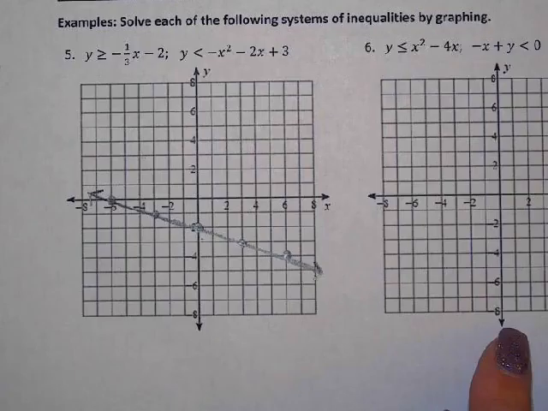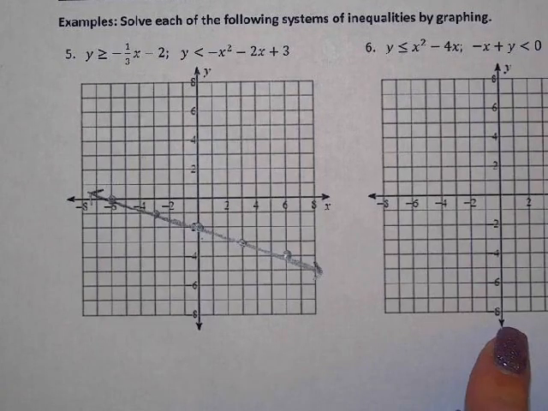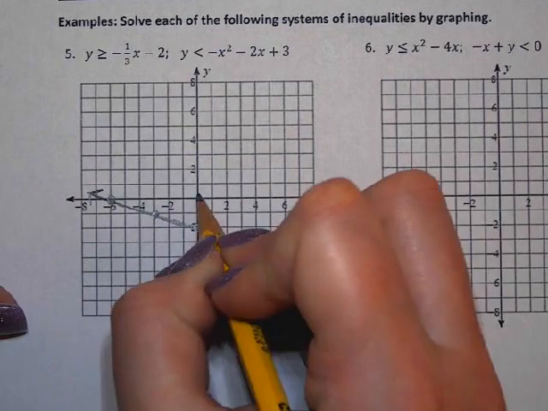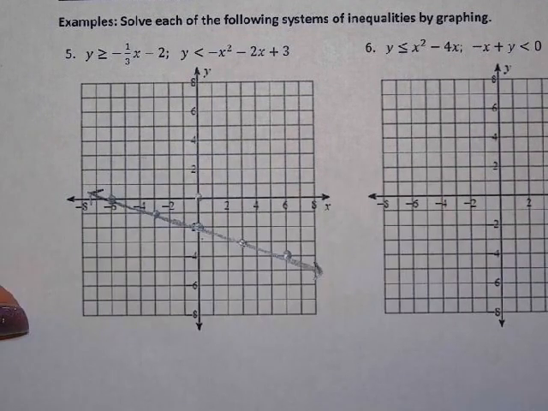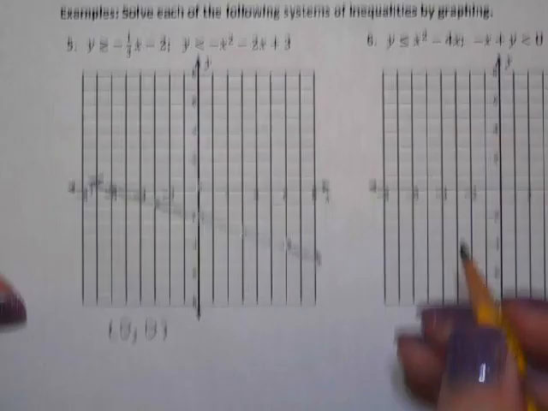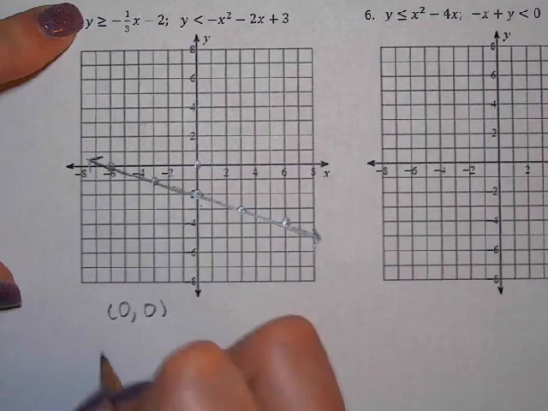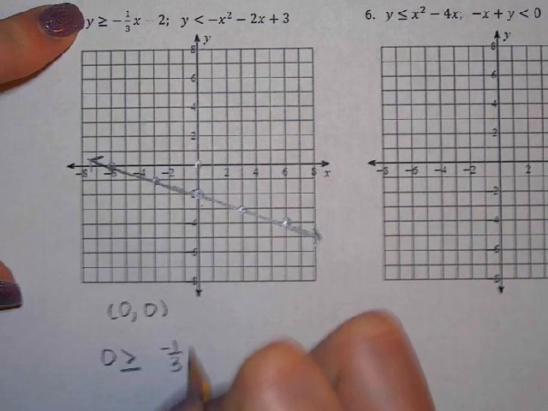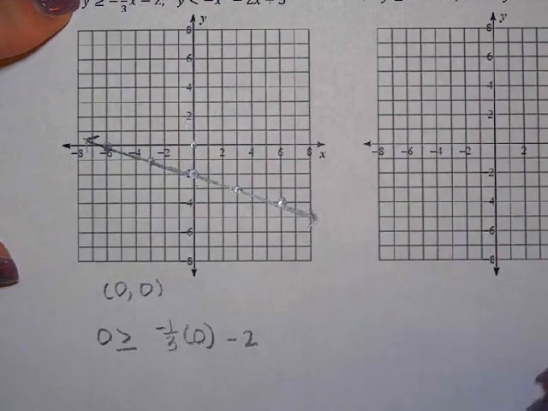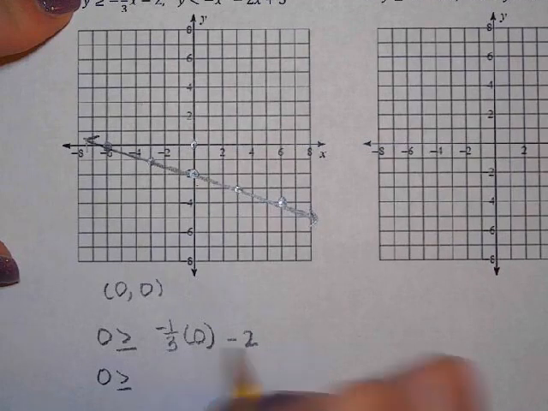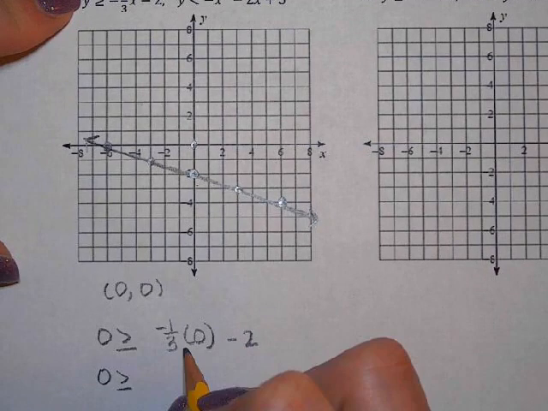Okay. And then you pick a point, any point, it doesn't matter, but I'm going to pick 0, 0 because it's easy. So 0, 0 is above the line. 0 for x, 0 for y. So if I take that equation, I put 0 for y and 0 for x, and I have to see if it's true or not. So I've got 0 is greater than or equal to 0 minus 2, which is negative 2.